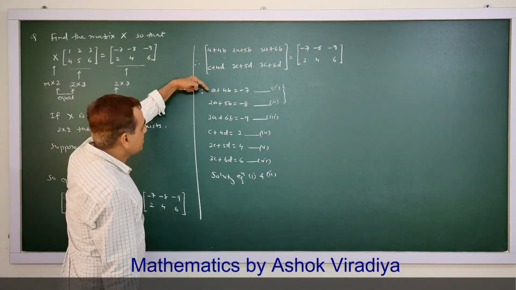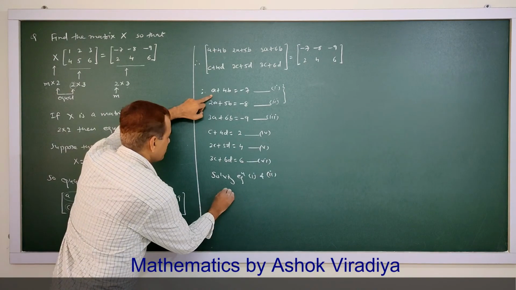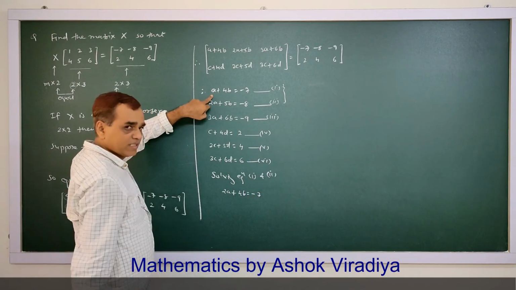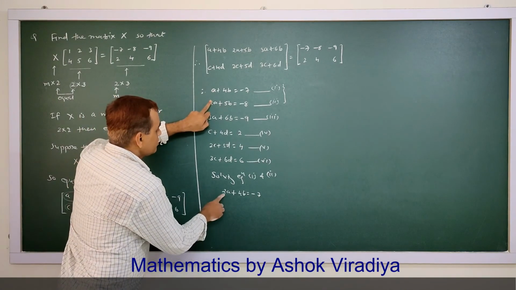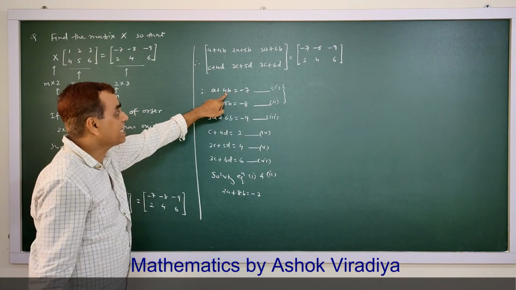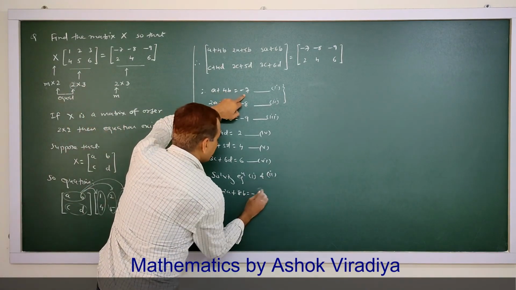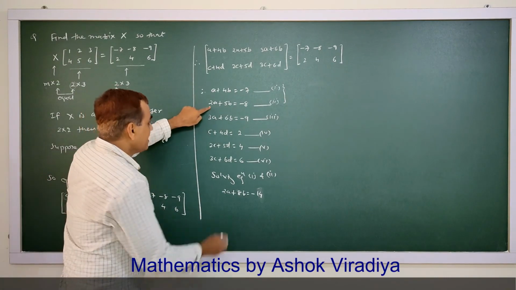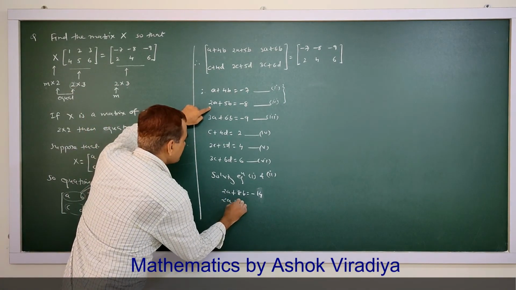In this equation I multiply by 2. 2A plus 8B is minus 14. This is multiplied by 2. The second equation will be as it is.